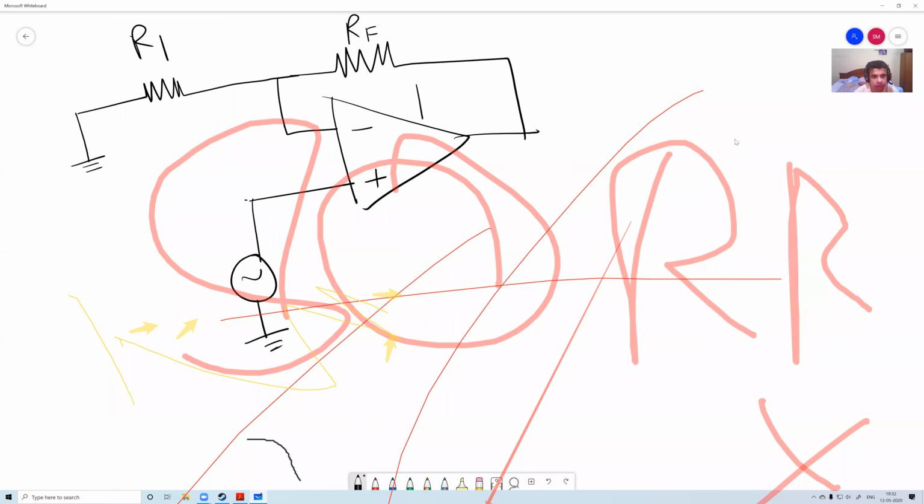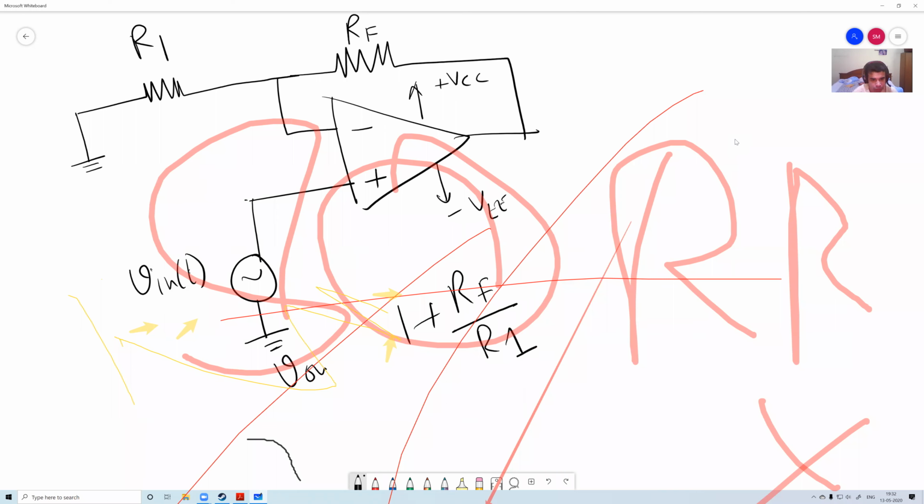We saw that the gain of this circuit is 1 plus RF by R1, right? So if my input is V in(t), V out(t) is this, from the derivation we did last class, agreed?